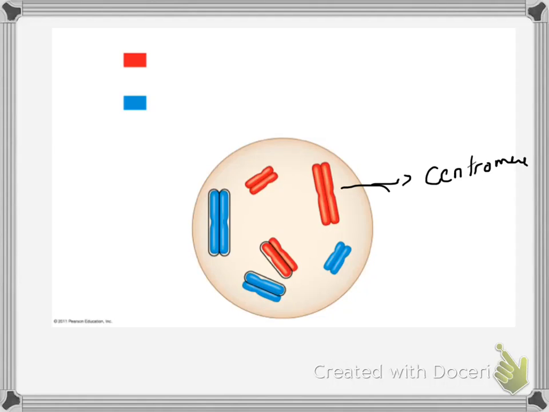A pair of chromosomes that are the same in terms of the type of information they carry, so they are the same type, would be homologous chromosomes. And we call this a homologous pair.